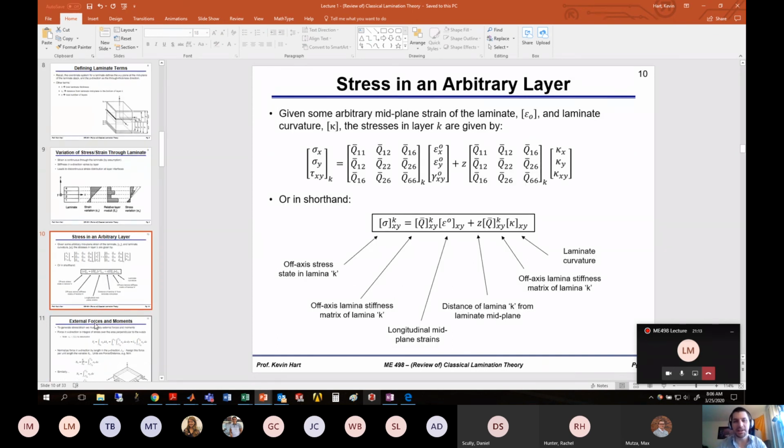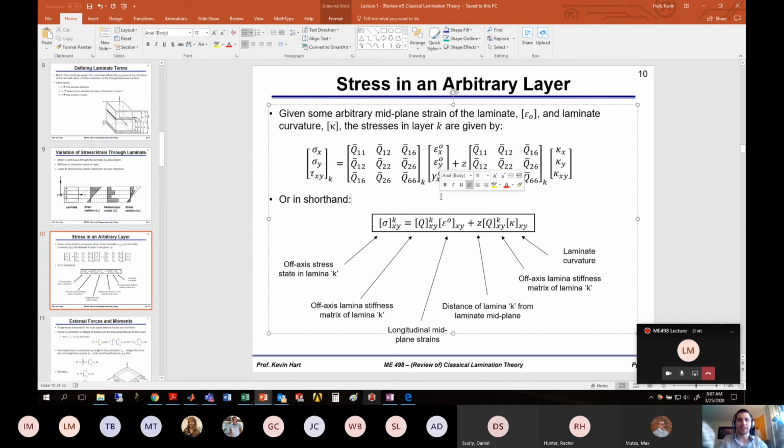It's a little bit tedious and cumbersome, but it's a matrix equation where we have the stresses on the individual lamina of the kth layer on the left-hand side. Sigma x, sigma y, and tau xy of layer k is equal to the stiffness matrix of that particular lamina in the orientation that it has, multiplied by the midplane strains in the laminate, that's this particular vector here.